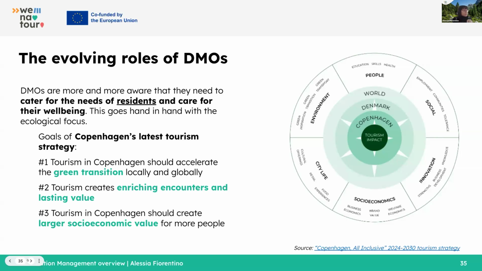And in this new strategy, they really gave much more focus on caring for the well-being of residents. So all the 3 main points of their strategy, which I listed here, are focused on the well-being of residents, but also the well-being of tourists, because they want to give enriching encounters to tourists.